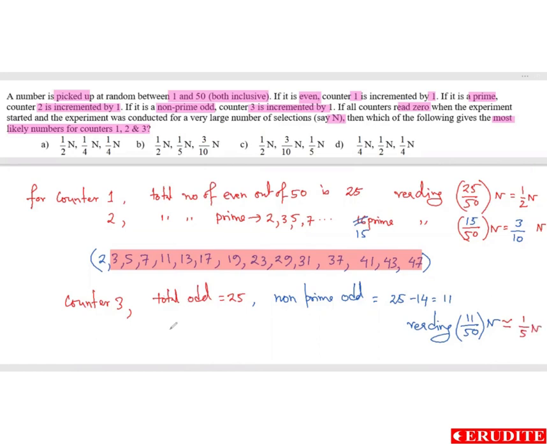So taking those 3 sets of data, it is appearing as half n, 3 by 10n, and 1 by 5n. Likely the answer is coming as option C, 1 by 2n, 3 by 10n, and 1 by 5n. So option C would be our answer.